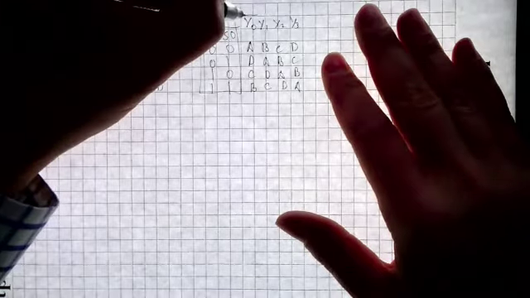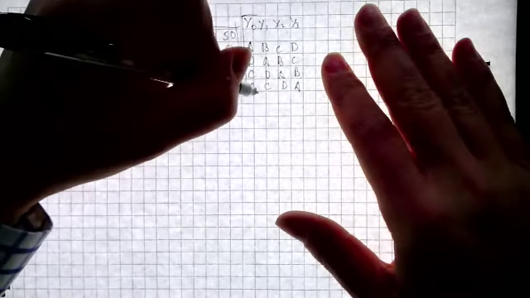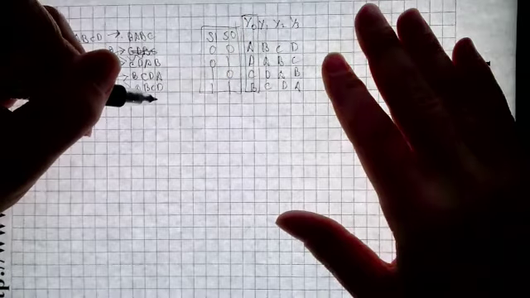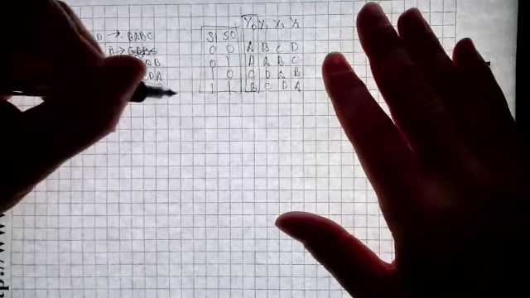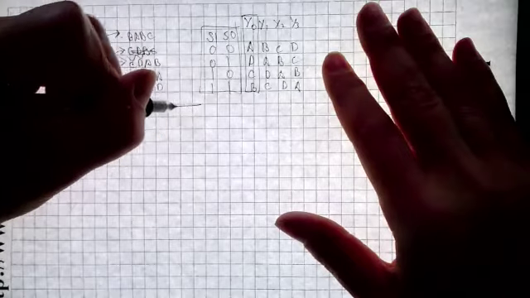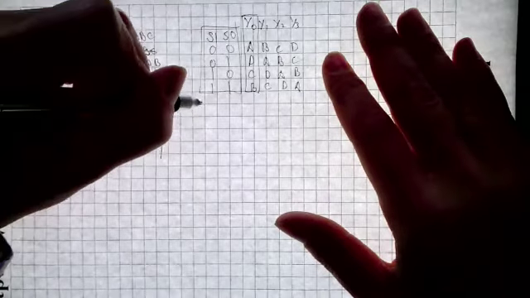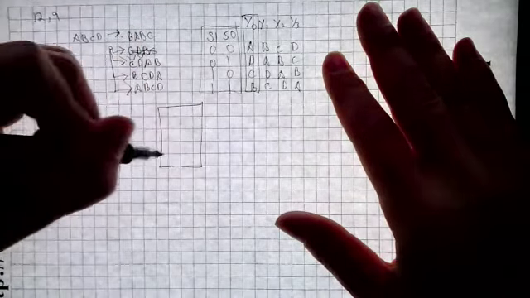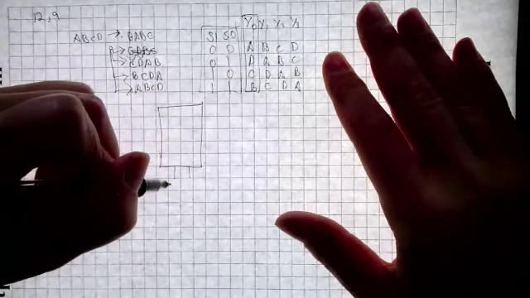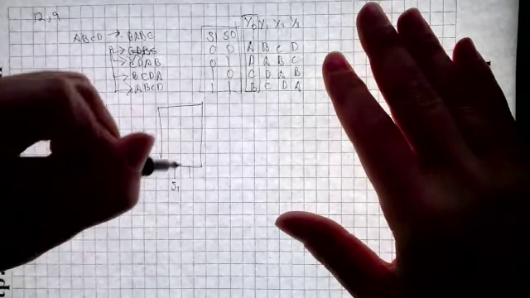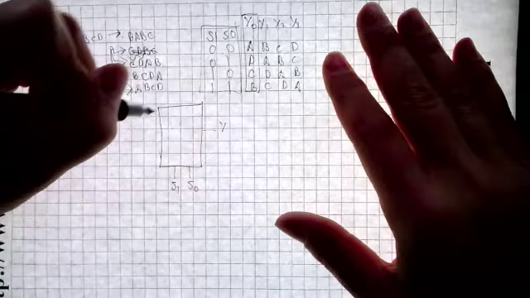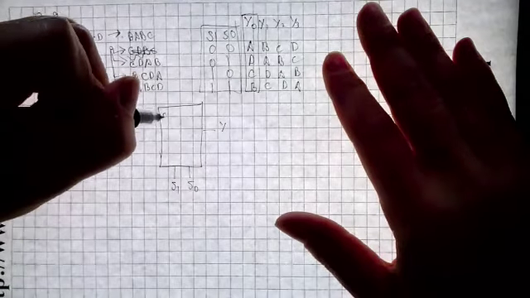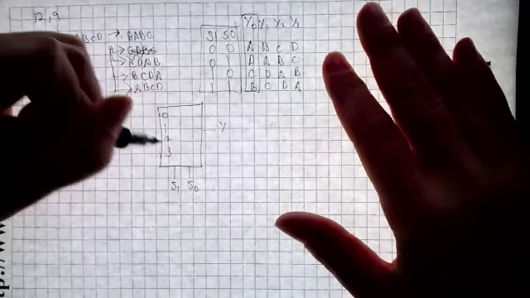If we examine each one of these multiplexers separately as a 4-to-1 multiplexer, then this will be Y0. This will be 0, 1, 2, and 3.